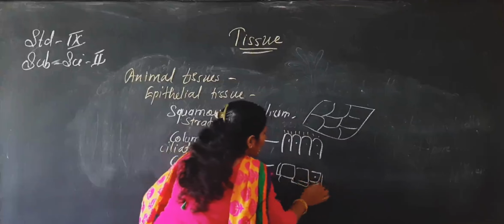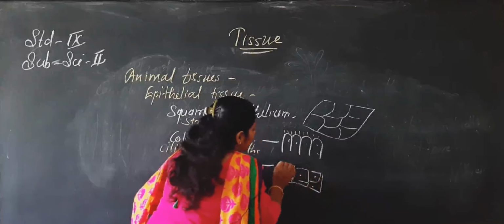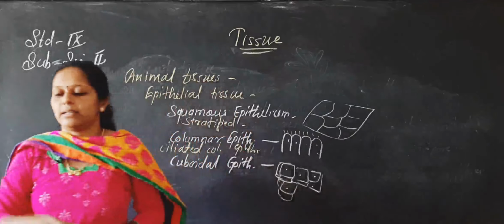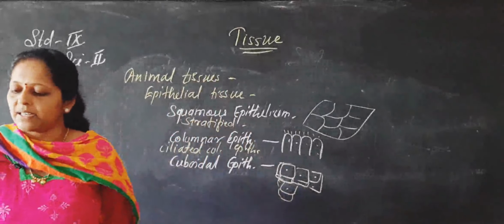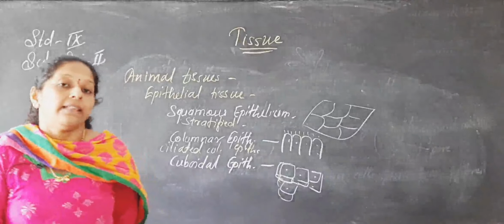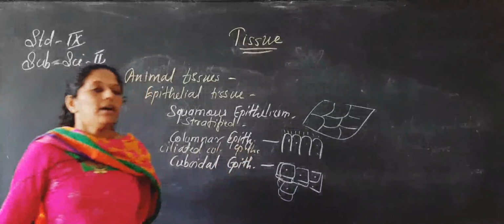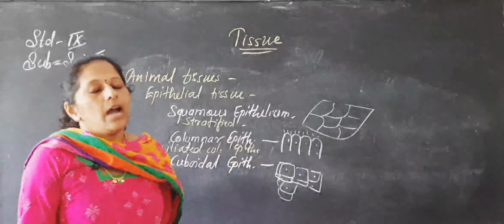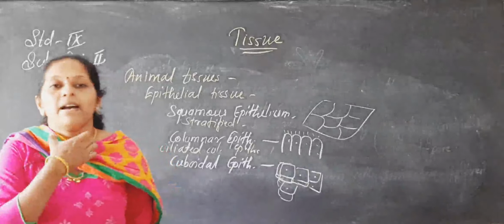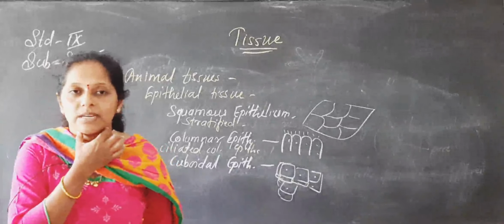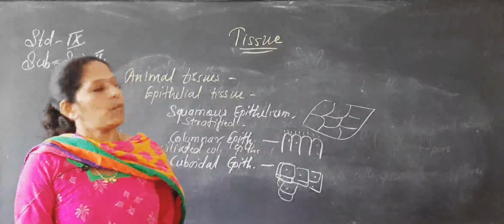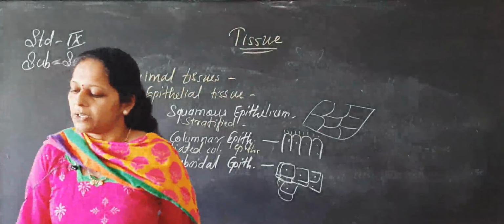These cube-shaped structures form the lining of kidney tubules and the ducts of salivary glands. The inner lining of the kidneys is made up of cuboidal epithelial cells. Saliva comes into our mouth from salivary glands, which have ducts, and the inner lining of that duct is made up of cuboidal epithelial tissue.